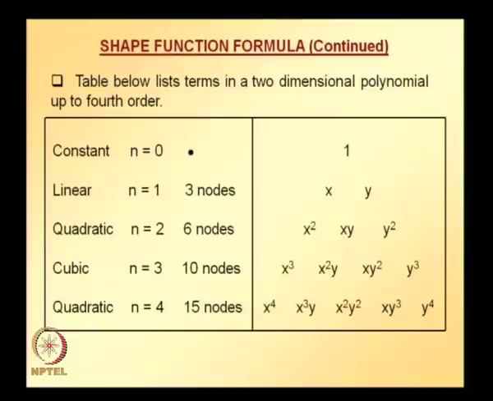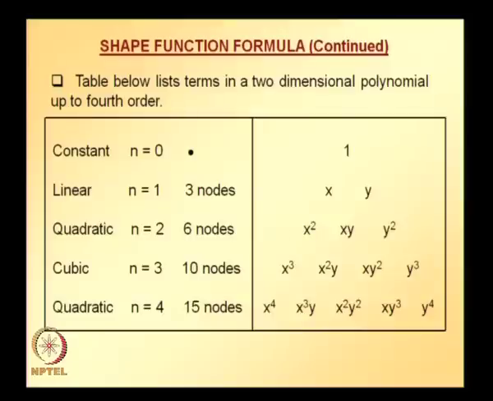Similarly, if one selects all the terms up to cubic order, then 10 terms in total the trial solution will have. So, the triangle element is of order 3, it is going to be cubic, n is equal to 3, and the number of nodes in a triangle should be equal to the number of terms. So, it should consist of 10 nodes.